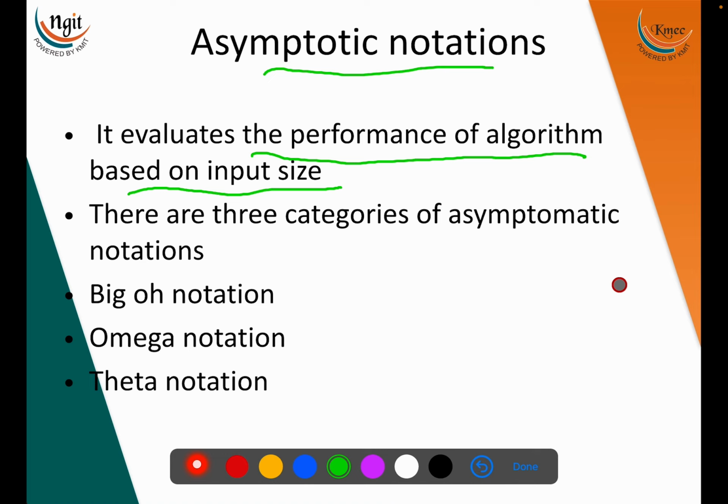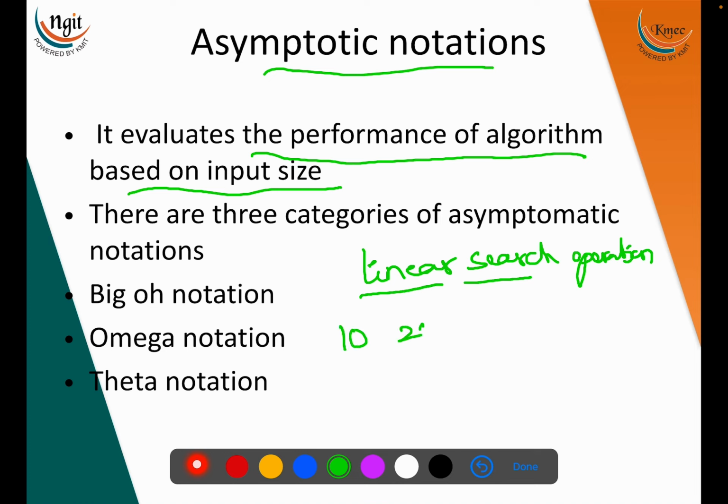When you are performing a searching operation, assume that I am performing linear search. So what is linear search? We have elements in a sequential manner and we begin to search for the key element. Let's assume that I have a list of elements, something like this.